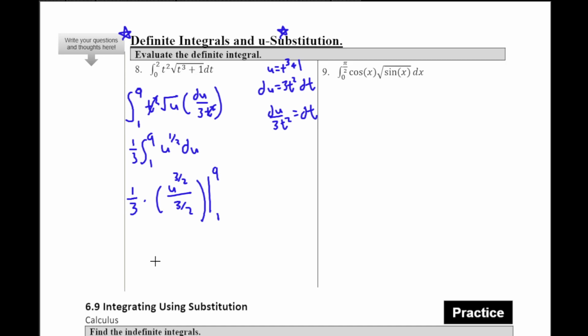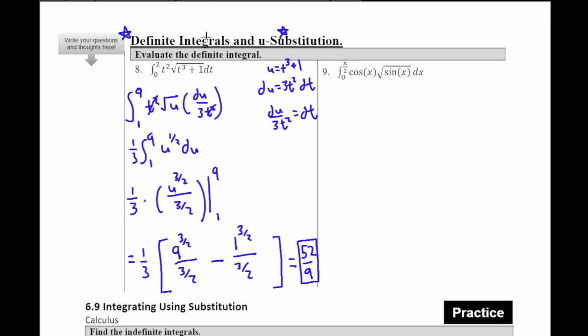And then what you can do is just plug this in right here. That's equal to 1/3. Let's do this all on the outside here. So you can plug in the 9 first, 9 to the 3/2 divided by 3/2, minus 1 to the 3/2 over 3/2 on your calculator, and you will end up getting, if you do this correctly, a 52 over 9, or the decimal equivalent.